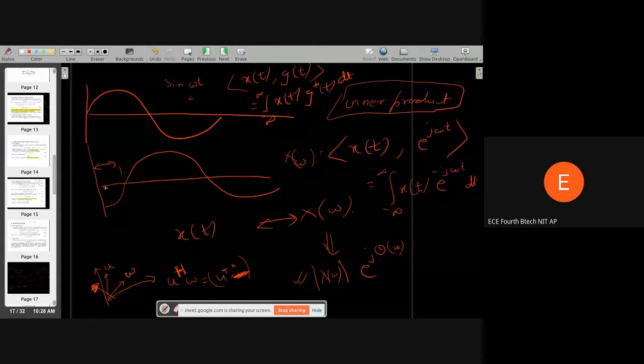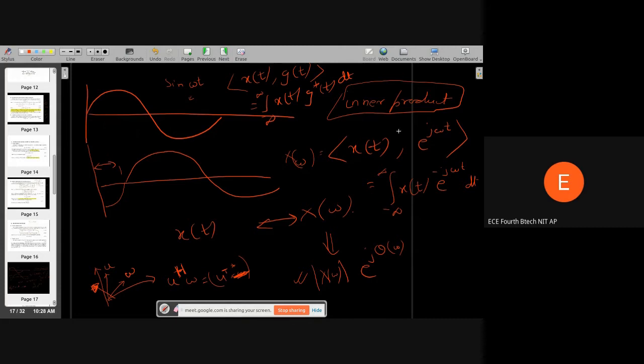Phase is when you shift in the time domain by some amount, and in angular terms it becomes phase. If you shift your sinusoid, instead of starting normally with sine 0 equal to 0, whatever the shift is in the time domain, that is represented as an angle in our frequency domain.